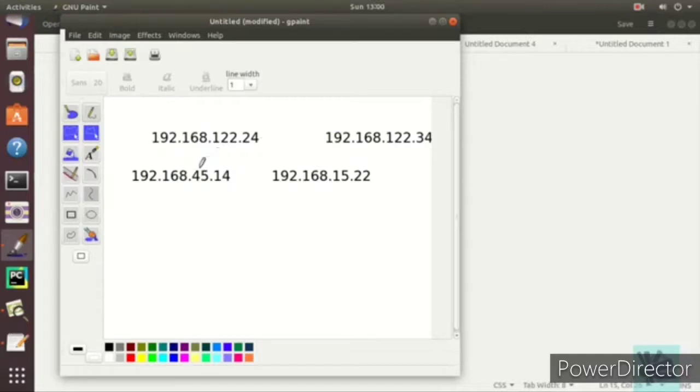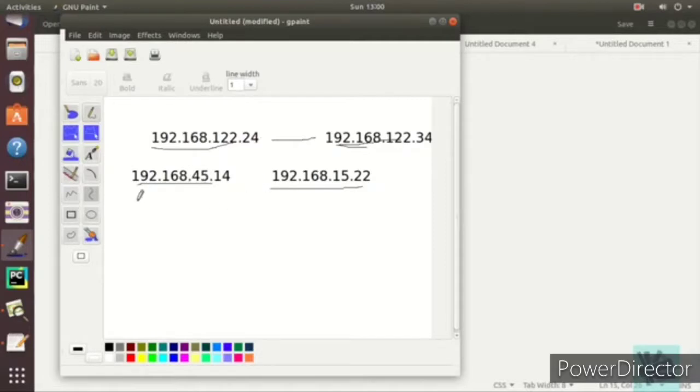You see, if you want to connect this IP from this IP, you can connect easily because they have the same network ID. We are considering that the prefix of all IPs is 24, so you can connect this IP to this IP easily because of the same network ID. But can you connect this IP to this IP? No, because the network ID is different.